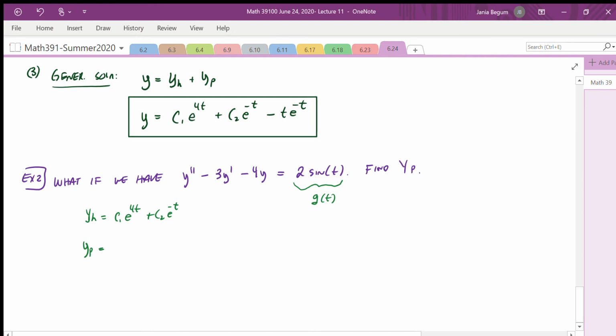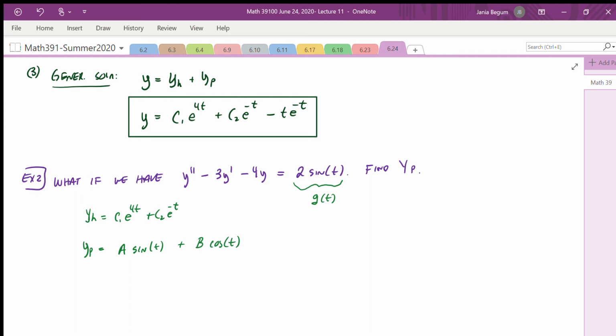So I'm going to guess my yp is going to be a constant, because of the 2 in front of sine, so let's call it a sine of t plus another constant b cosine of t. That's my guess for the particular solution. Again, because it involves sine, your particular solution has to involve sine and cosine.